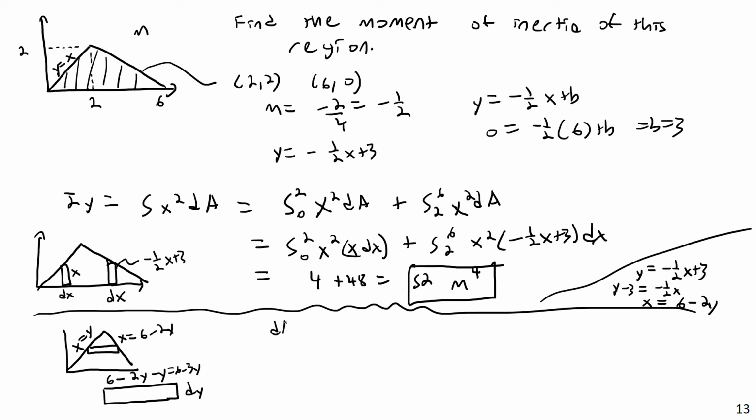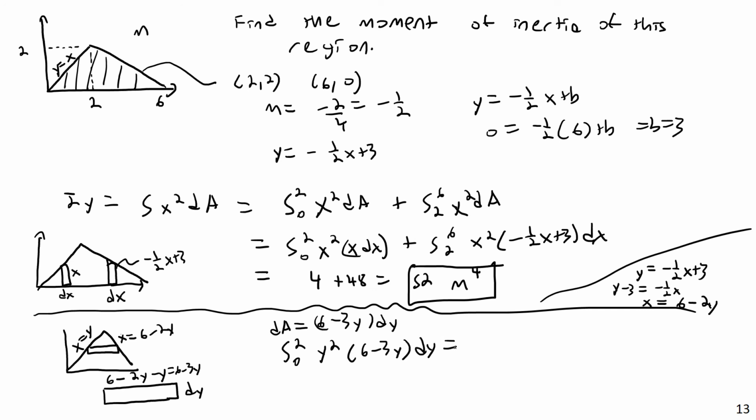So my dA is equal to 6 minus 3y times dy. And then I would just run through the integral, this time from 0 to 2 in y, of y squared dA, but that dA would be this 6 minus 3y, times dy.